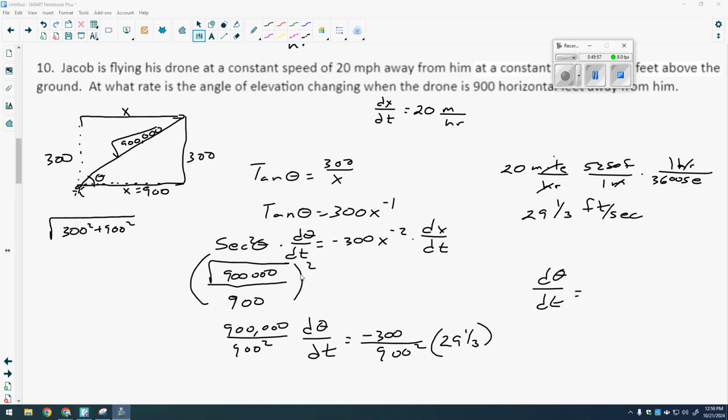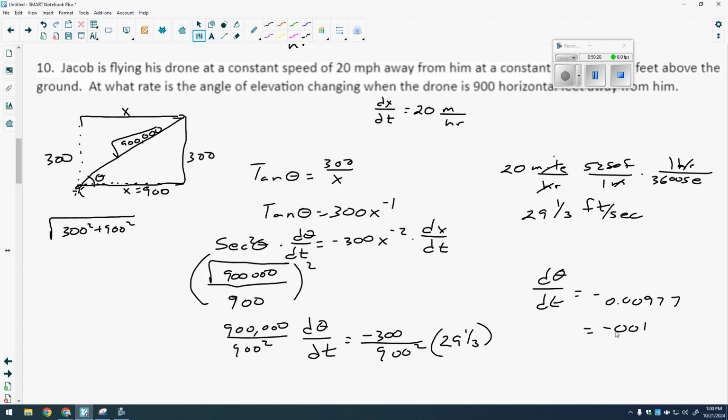Again, I'm going to hit pause, and then you do the same thing and type. When I work that whole big mess out, I get negative 0.0097. So technically, if I'm doing a calc test, AP Calc at the end of the year, this would be 0.01.